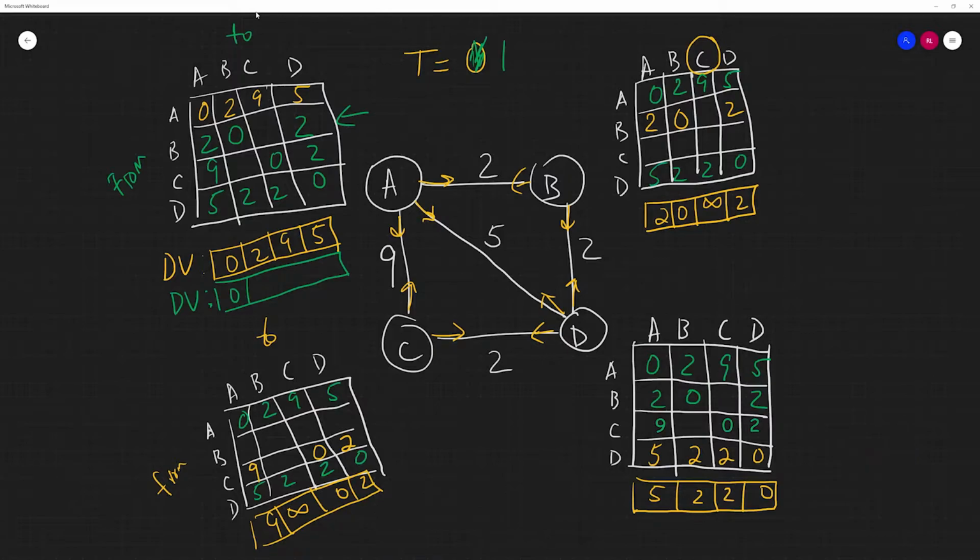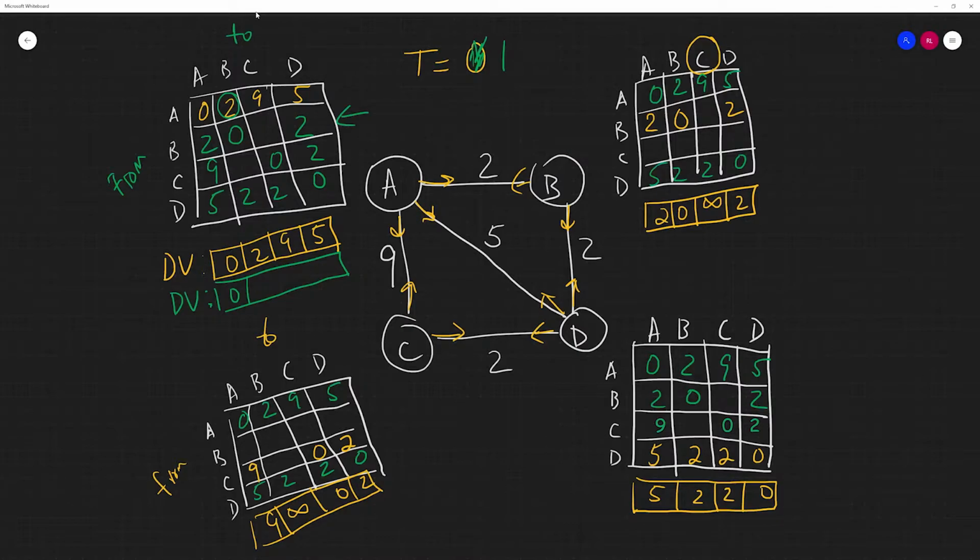For B, it's 2. Over here, we have a cost of 0, but that's just going through B, and the cost to go to B is 2, so that's still going to be 2. And for D, the cost is 2, and the cost to get to D is 5, so that's 7. You can think about this as: B can get to itself in 0, and it costs me 2 to get to B, so that's how I'm getting the first one.